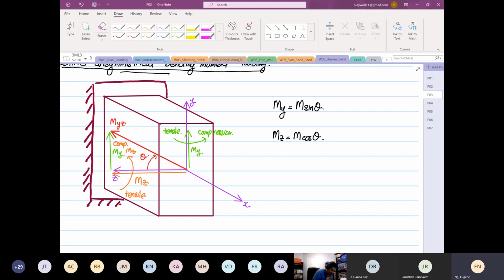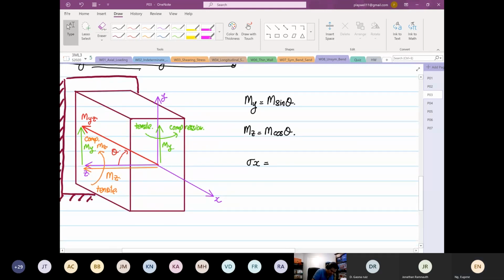So for this case, when it's unsymmetrical bending, now your formula changes. Not changes. Additional things come in. So you have this. So stress X is equal to MZ or MY over Iyy multiplied by z, then plus MZ over Izz multiplied by y.